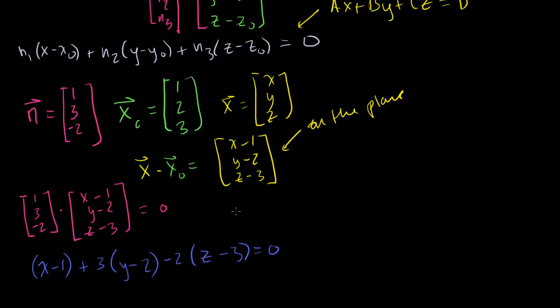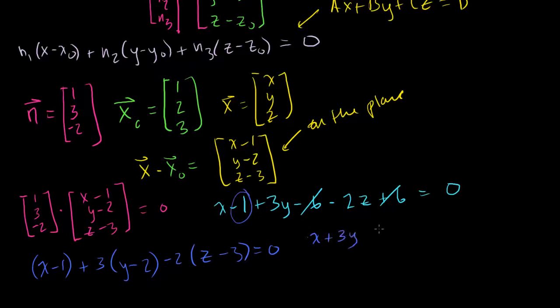Let's do a little bit of algebra to clean this up. I get x minus 1 plus 3y minus 6 minus 2z plus 6 is equal to 0. The minus 6 and plus 6 cancel out, and then I can add 1 to both sides. And I get x plus 3y minus 2z is equal to 1.